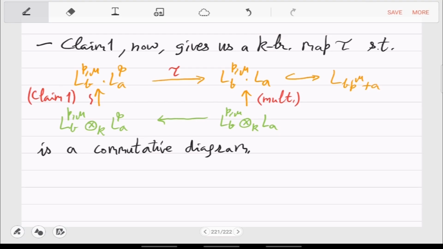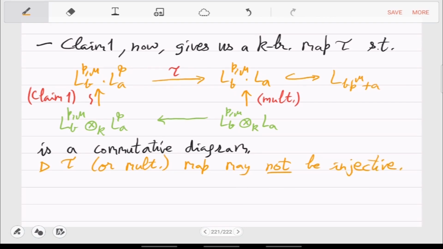Yeah, so this, I mean, the multiplication map or equivalently the tau map, this may not be injective. So claim 1 doesn't say that it's injective. Why not?